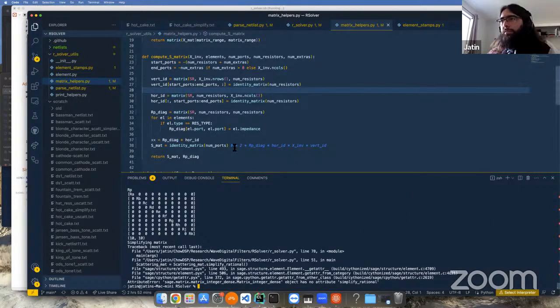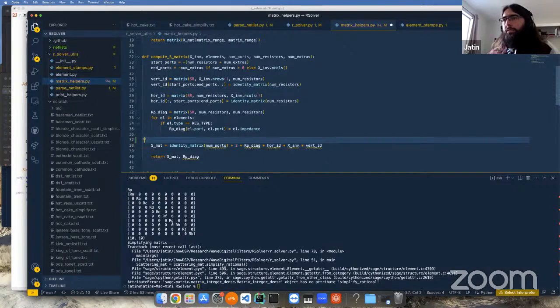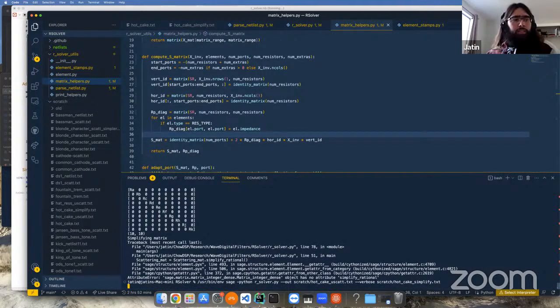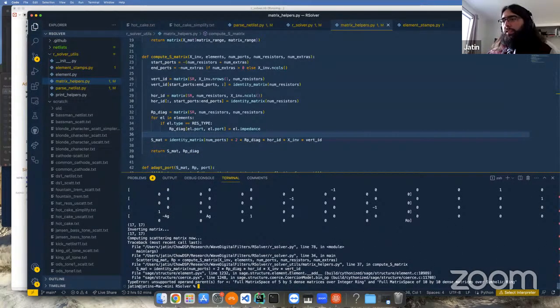Okay, so that seems to be the thing we would expect. And then let's see what we get. Okay, yeah, so it's an issue at the same spot, full matrix space of 5 by 5 dense matrices and full matrix space of 10 by 10 dense matrices.